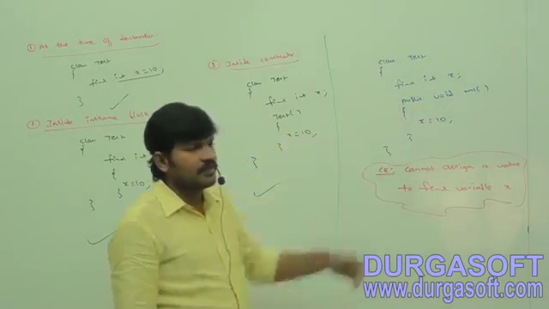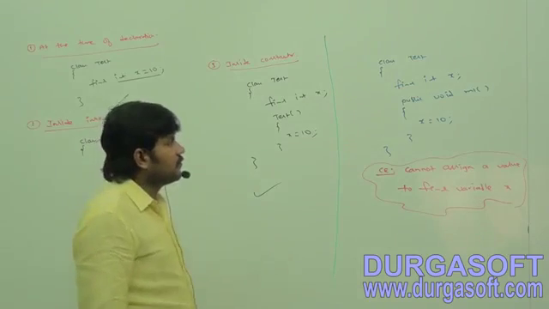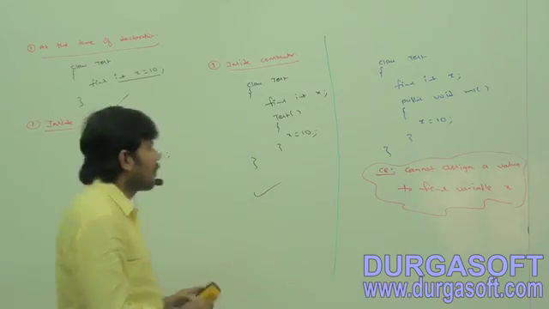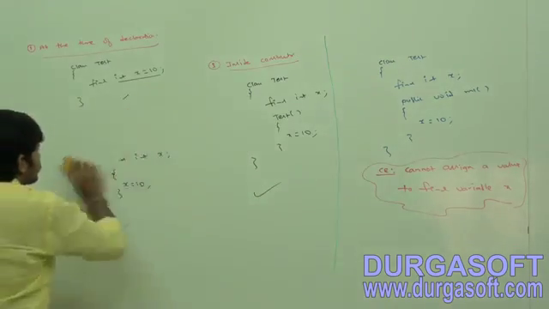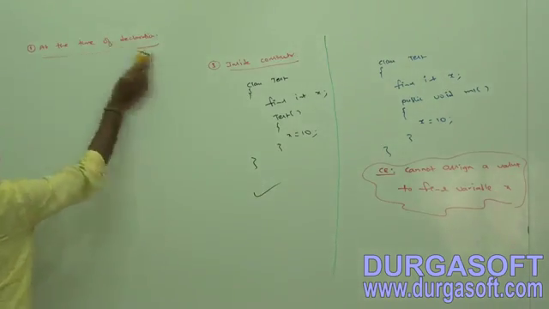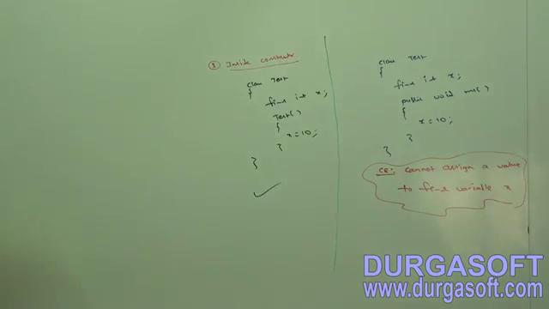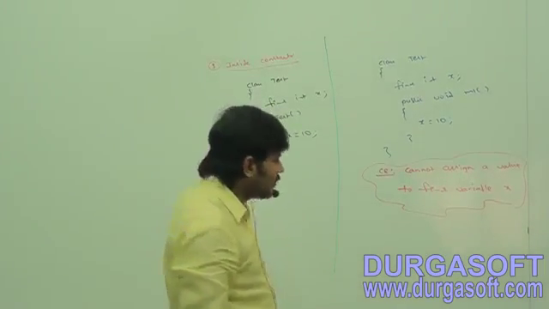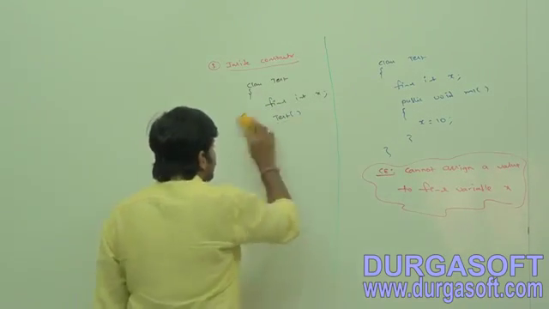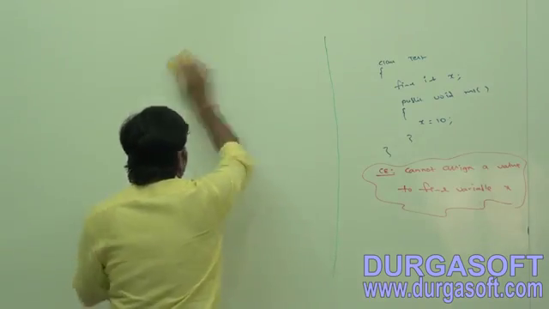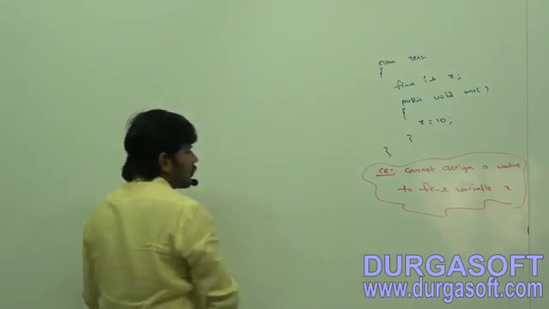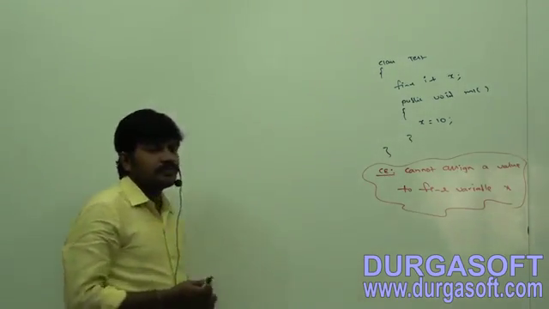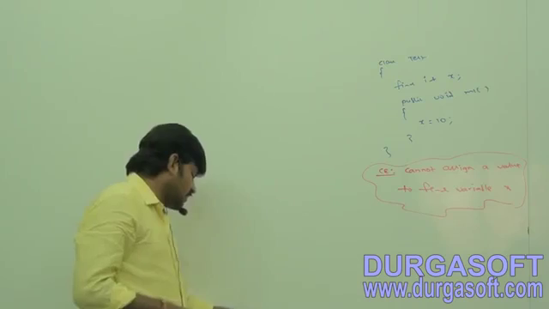Okay, take this part. Example: class test, final int x, public void m1, within that x is equal to 10. Cannot assign a value to final variable x.